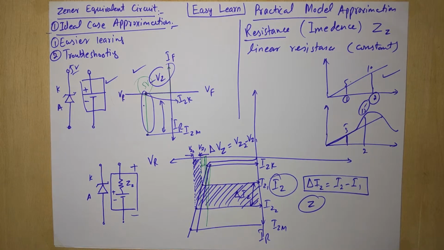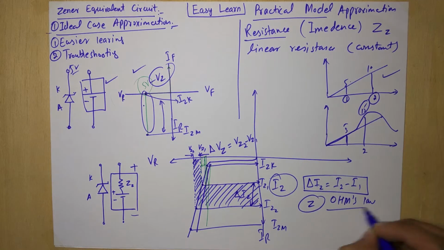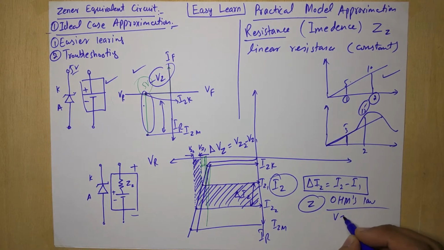So resistance here is Z, the impedance. We want a formula that is derived from Ohm's law. What does Ohm's law say? Ohm's law says V is equal to IR, as I explained in Introduction to Electronics Season 3. Here we need R, so R is equal to V over I, and R is the impedance.